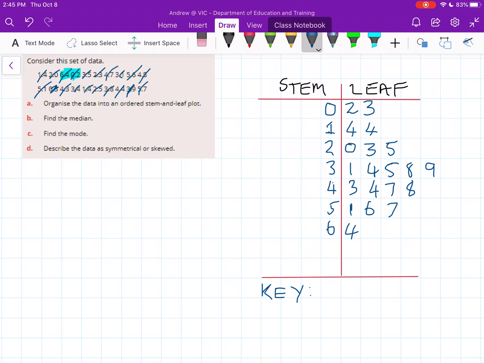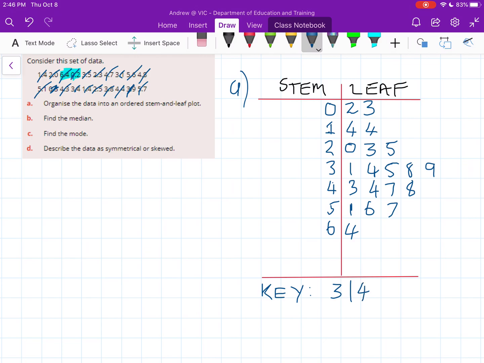That's probably the most common mistake with making stem and leaf plots. So this is our ordered stem and leaf plot, and we need to have a key down the bottom. In this key, I just need to write what it means. I'm going to say, for example, 3, then a line to represent the divide between the stem and the leaf, 4.